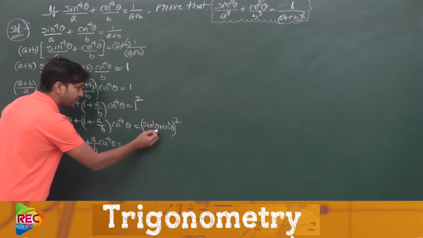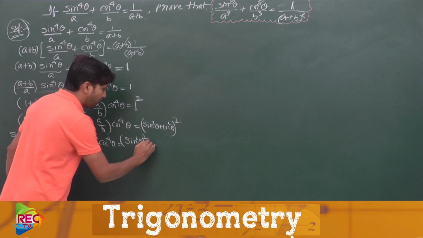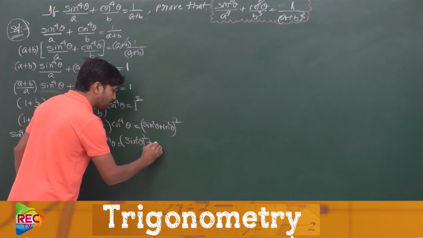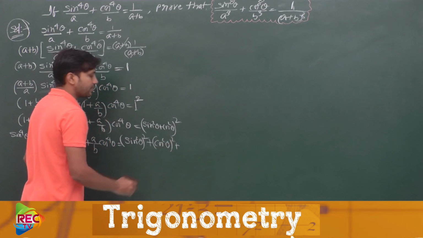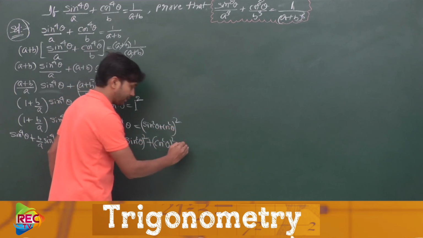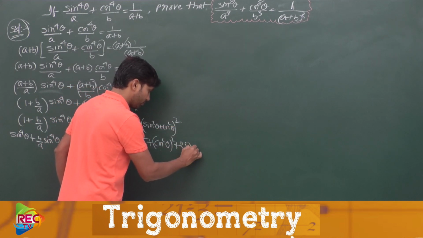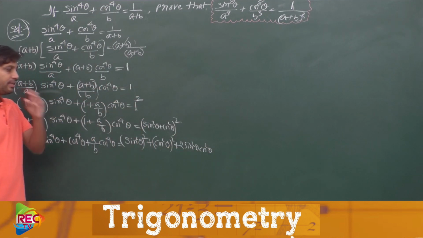Let us do it. a² means (sin²θ) whole squared, b² means (cos²θ) whole squared, plus 2ab, which is 2 sin²θ cos²θ.